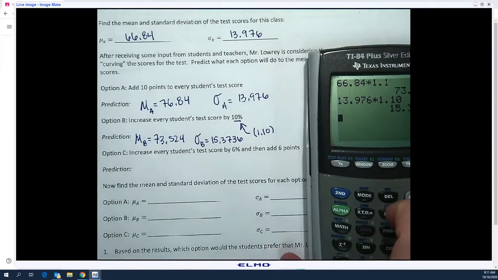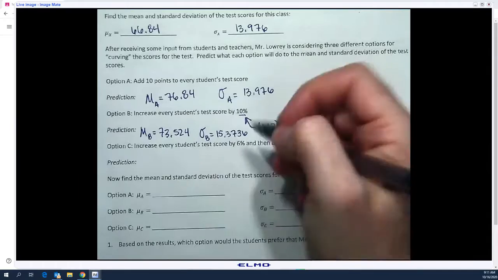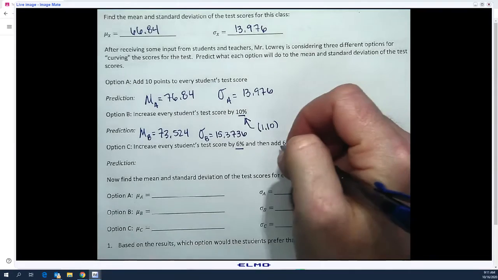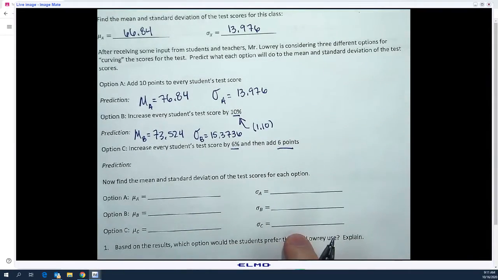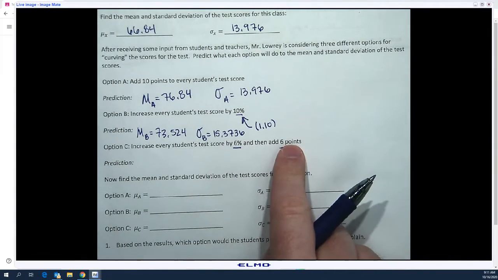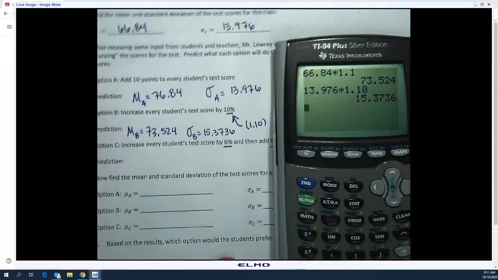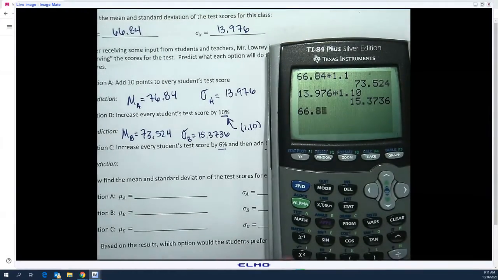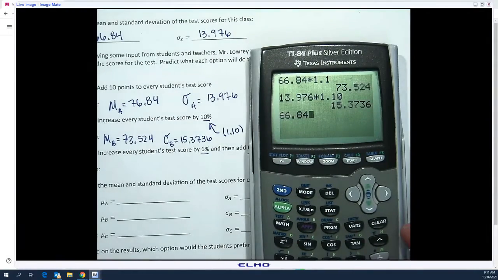And then the last one, and the order is important here. It says he's going to increase by 6% and then add 6 points. So we need to do it first with the 6%, which affects both, and then add the 6, which only will affect the mean. So the mean is going to be the 66.84 original. To increase it by 6%, we're going to multiply by 1.06.